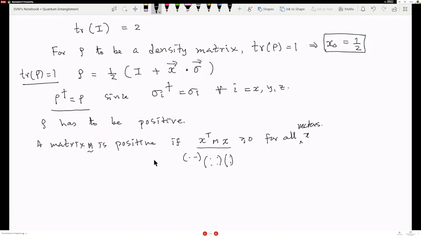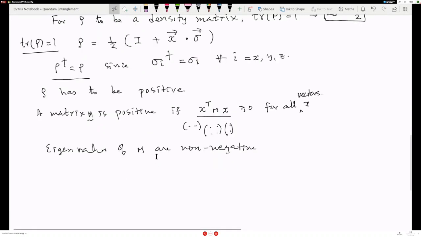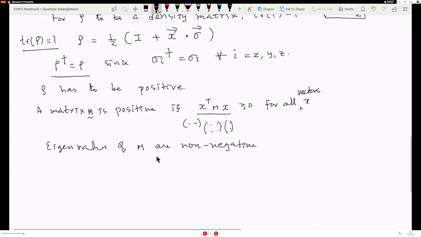Or equivalently, eigenvalues of M are non-negative. They can be 0 or they can be positive. Eigenvalues of M are non-negative. Now there's also another equivalent way of saying this.